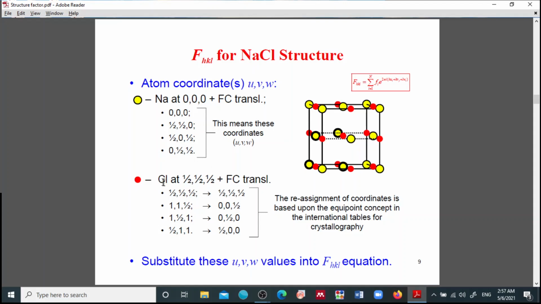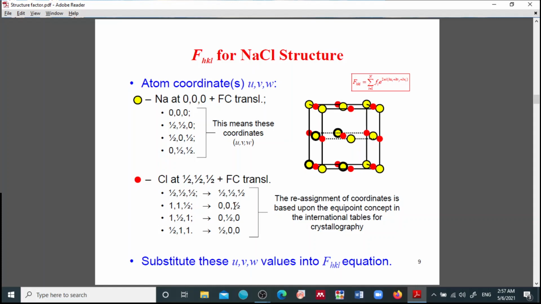And chlorine may be considered anywhere, like you can consider this chlorine at half half half, or even you can consider 0 0 half.